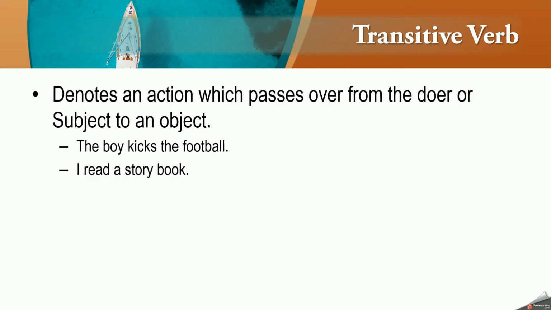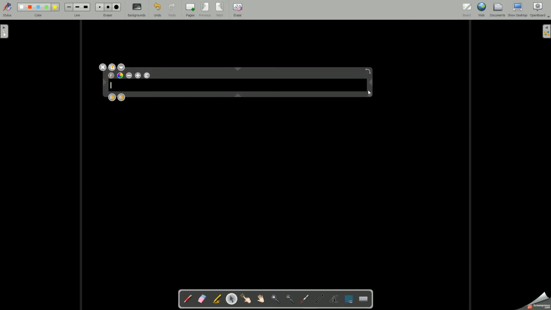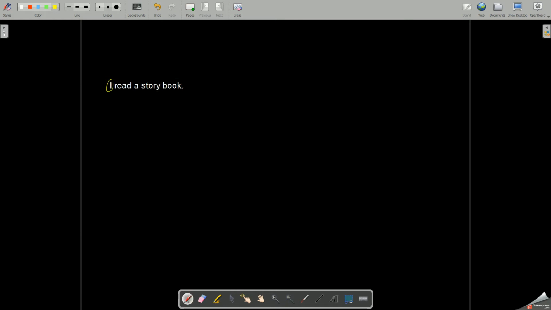Let's see some more examples. I read a storybook. So in this, I is the subject of the sentence, read a storybook is the predicate, and storybook together becomes your object, where story can be considered as the adjective because story describes what kind of a book this is, an adjective of quality.